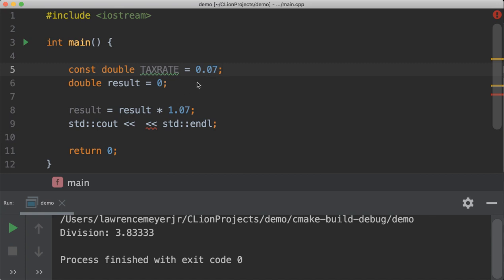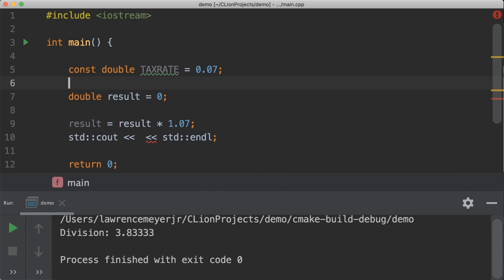Now, the reason we see this 1.07, for those of you who are a little weak on the mathematics side, is if you actually wanted to have a sales amount with an additional 7%, you need the original amount, the 100%, and then the added amount of the tax rate. So let's say the price of this thing is something we need, and then we're going to have the sales result.